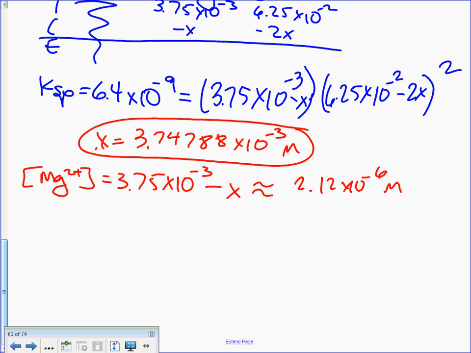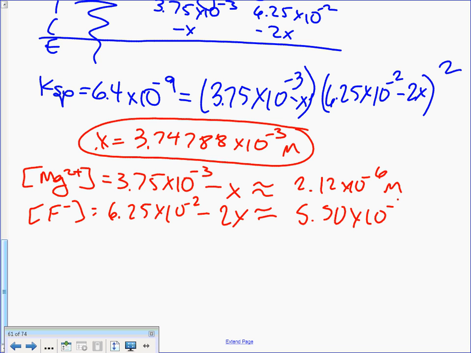So essentially 0, yes, but it is a number. Your stuff dissolved. And then fluorine, you would do 6.25 times 10 to the negative second minus 2x, and that's approximately 5.50 times 10 to the negative second molar.